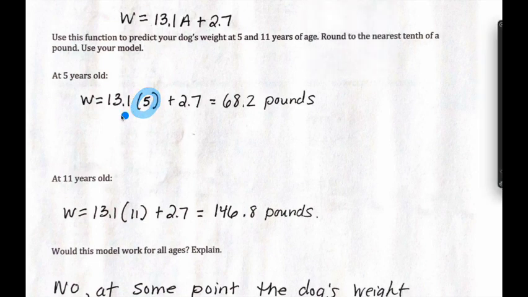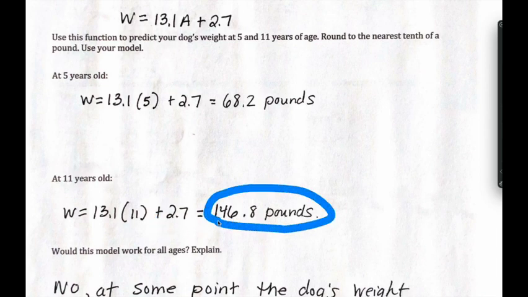So I'm going to take 5 times 13.1 and then add 2.7. That's going to give me 68.2 pounds at 5 years old. For 11 years old, we're going to do the same thing, but we plug in 11 for the age. So we take 11 times 13.1, and then we're going to add 2.7, and that gives us 146.8 pounds.